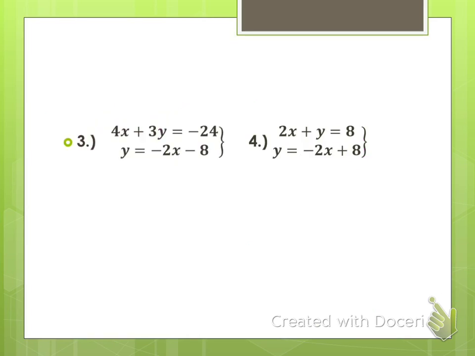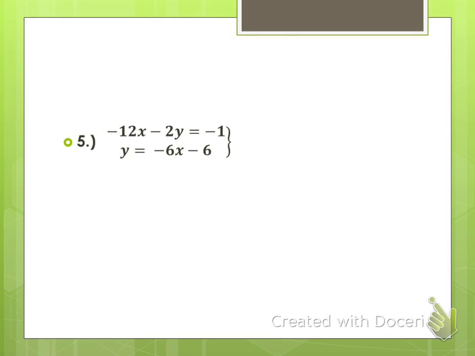Let's see what example 5 holds for us. I think we've got time to get through one more example today. Which equation's already solved? The bottom. So I'm going to rewrite the top one, negative 12x minus 2.